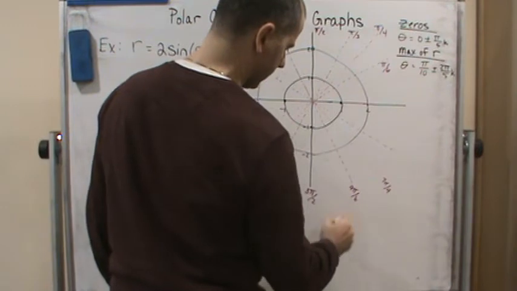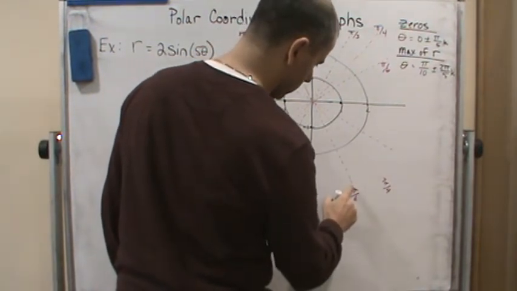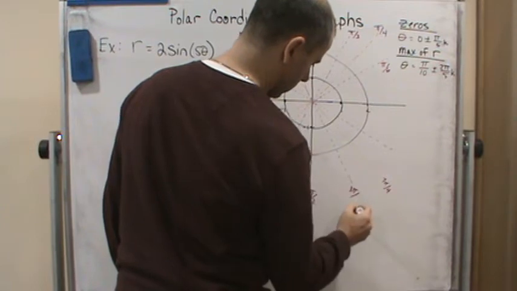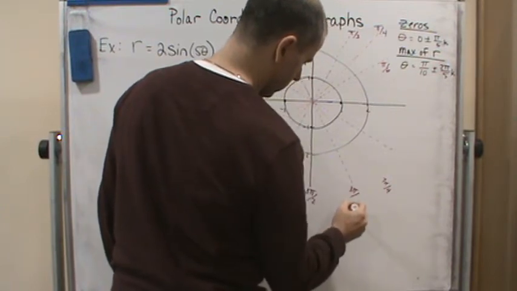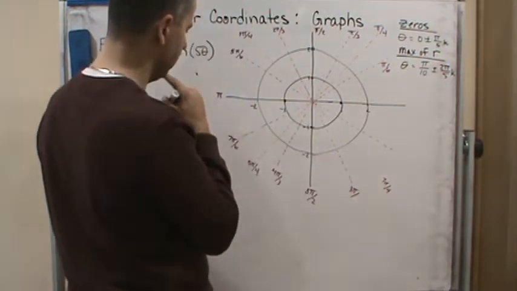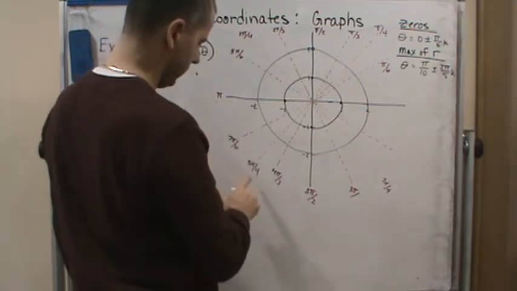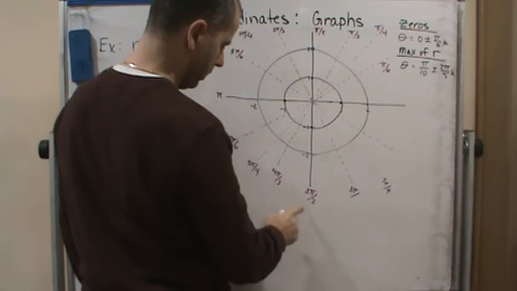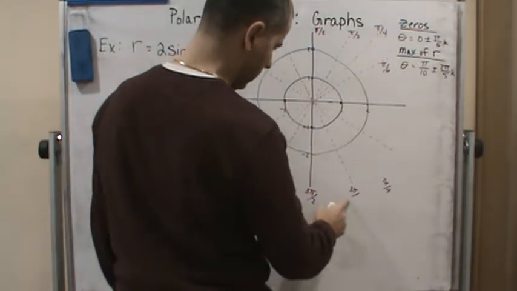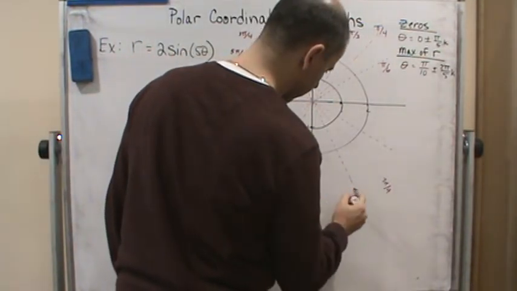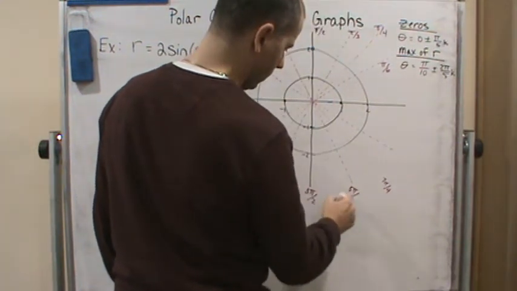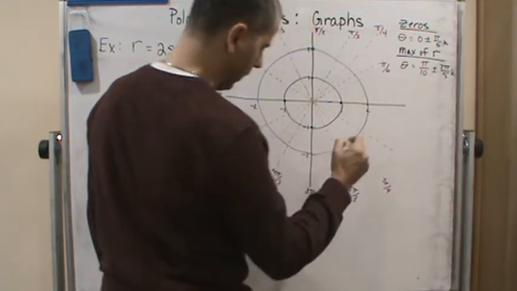Nine pi over 6, oops, or, oh, hold on a second. Hold on, this is 5 pi. So 10, 5 pi over 3.